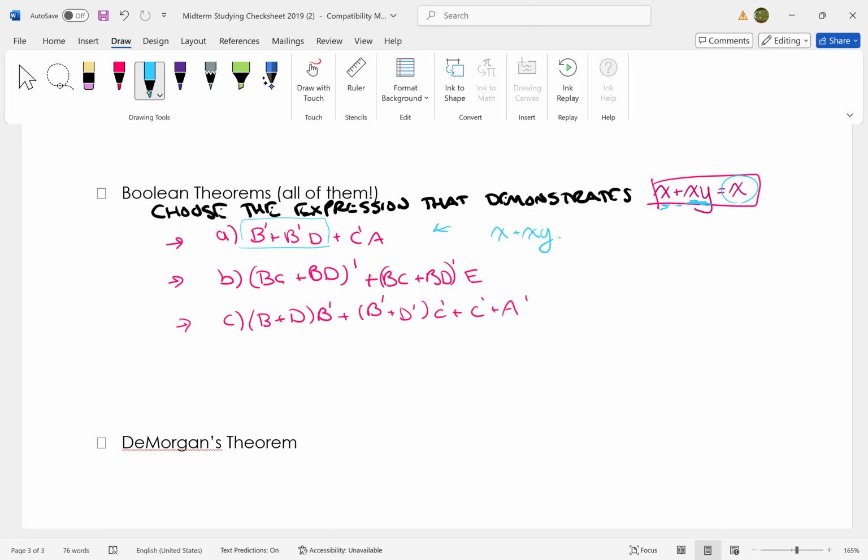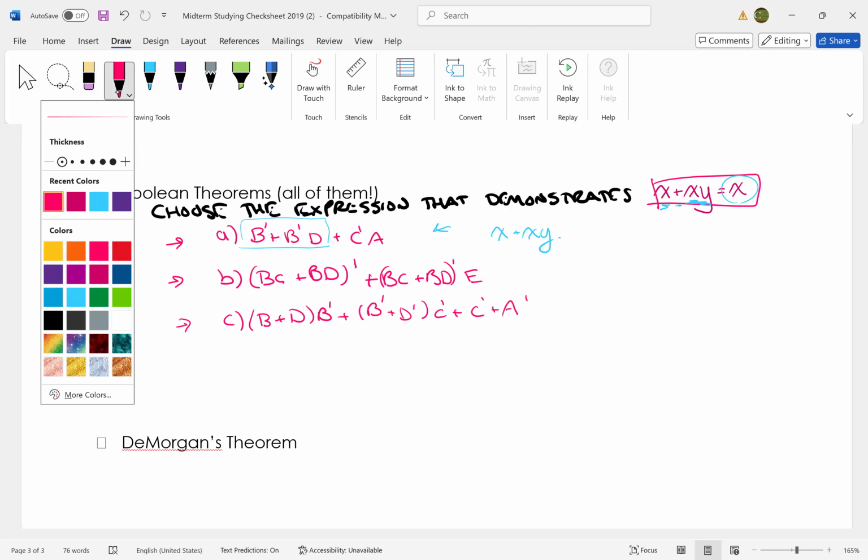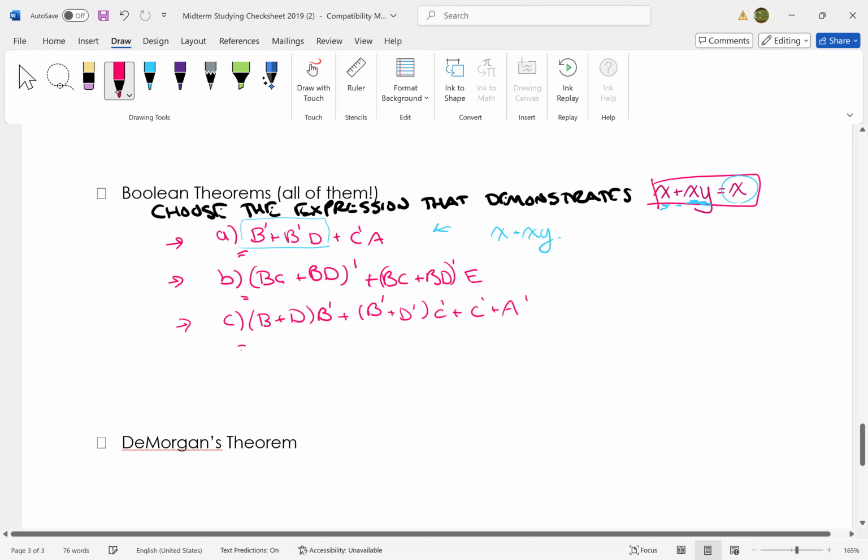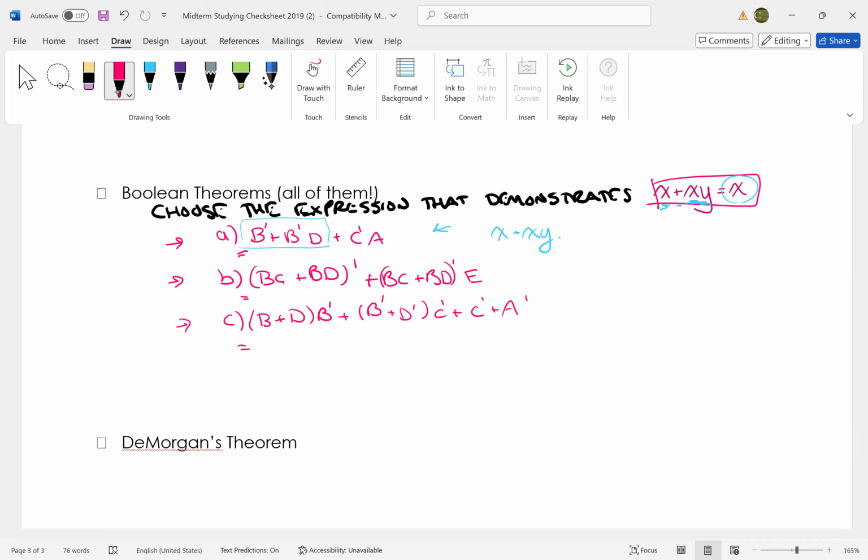And in the question, I'm going to have the next line being solved, and you're going to have to tell me if it is using this algorithm or not. So the next line, I'm going to go B prime plus B prime D plus C prime A again.